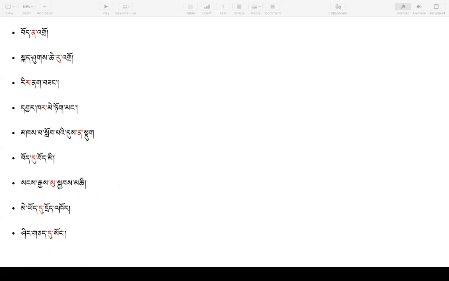Okay, so we have some examples here that I would like to discuss. So first we have pönadro. So here we see that the action is to go, and the object of this action is Tibet. So go to Tibet. So this is the 2nd grammatical case.